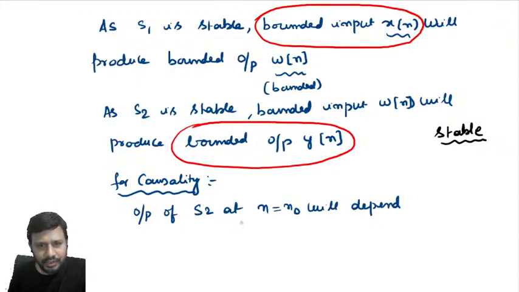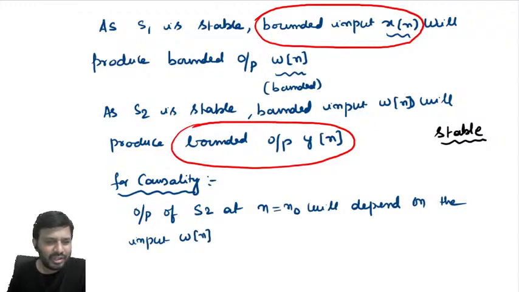So the output of S2 at n is equal to n naught will depend on the input w of n, because for S2 the input is w of n, for n less than or equal to n naught. Can I say that output at any time instant depends on present and past, but not on future, right?